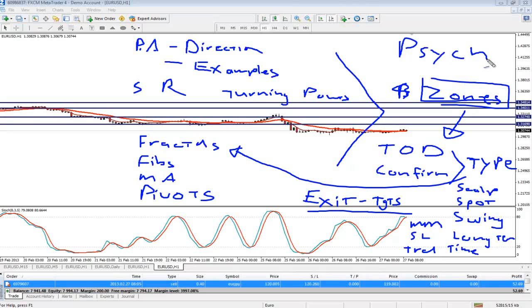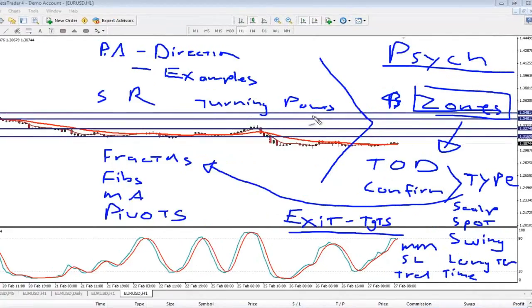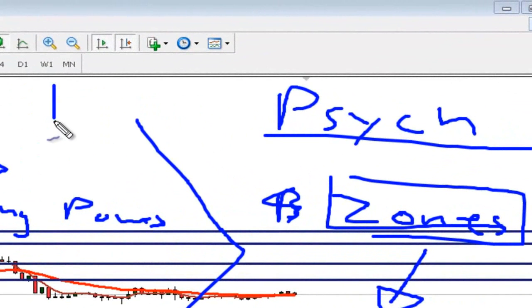Alright? What does it take to develop yourself as a trader? What's it take to get yourself where you need to be psychologically? Alright? And then obviously we're going to tie this all together with trade planning.